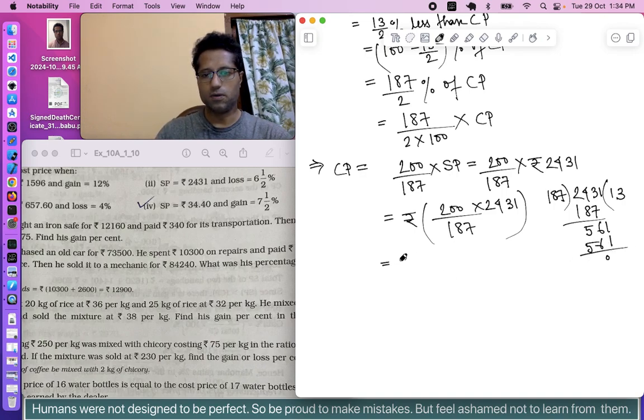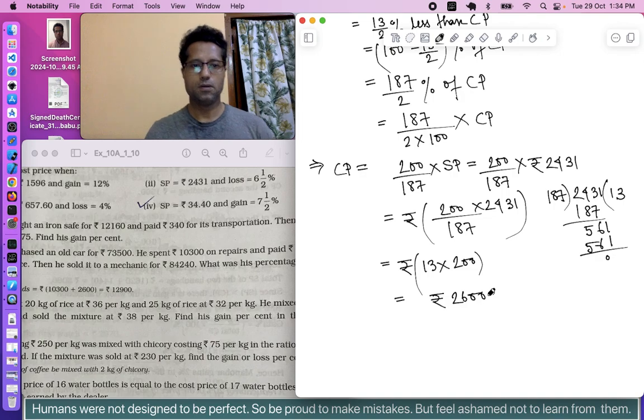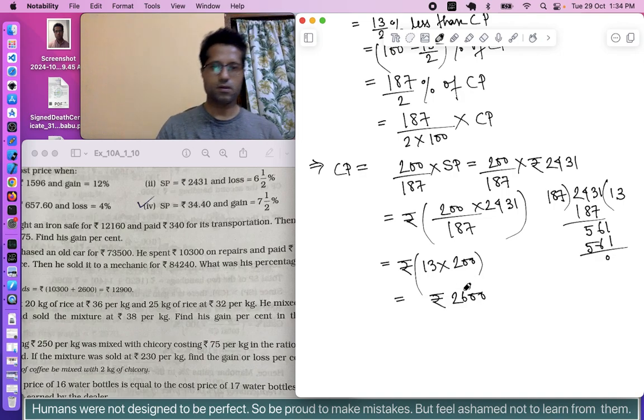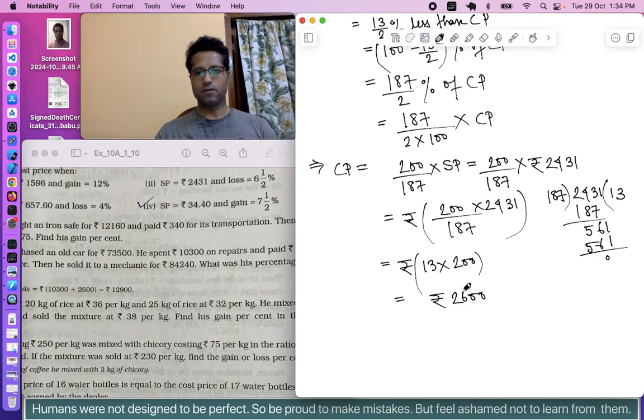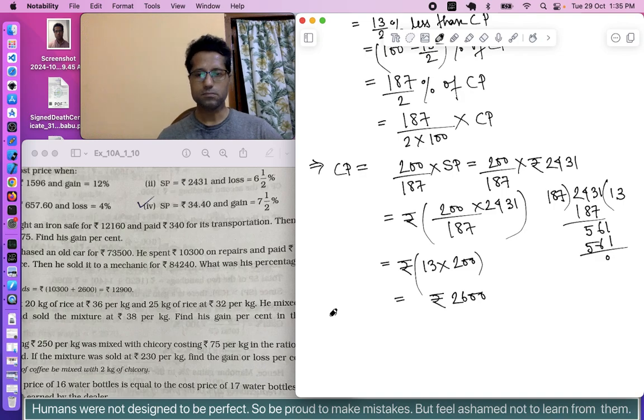So this is equal to rupees 13 multiplied by 200, which is rupees 2600. So there was a loss of 13 by 2%, the selling price was 2431, and the cost price is 2600.